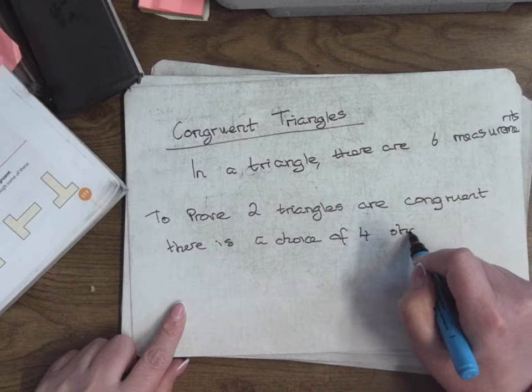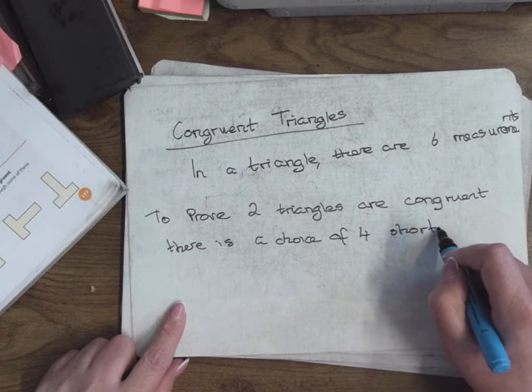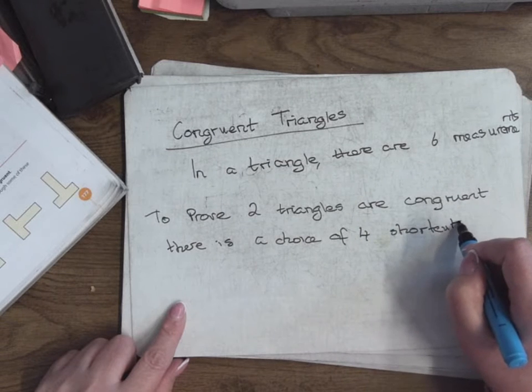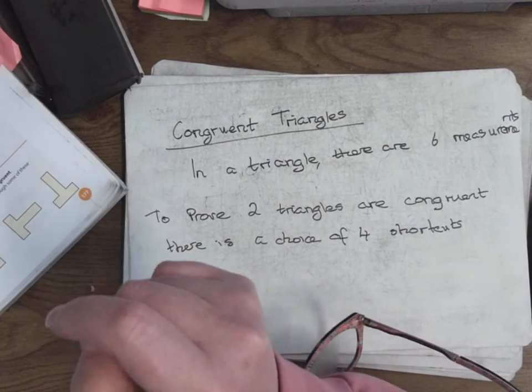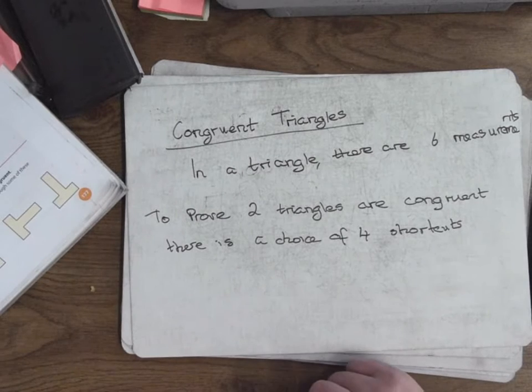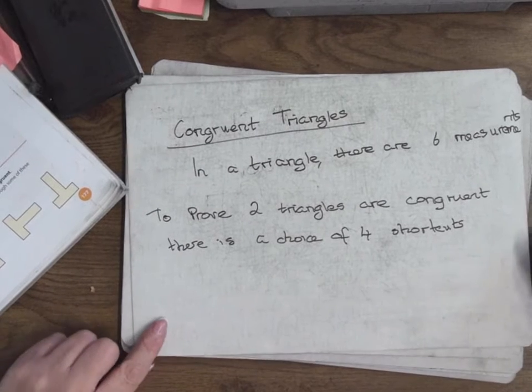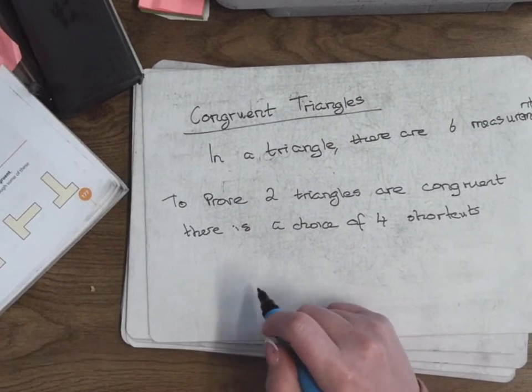So you don't have to take all 6 measurements from each triangle, right? Okay, so don't draw the triangles next. The next bit is just me explaining what I'm talking about. Well, trying to explain what I'm trying to talk about. So don't draw these triangles, just listen to me, okay?